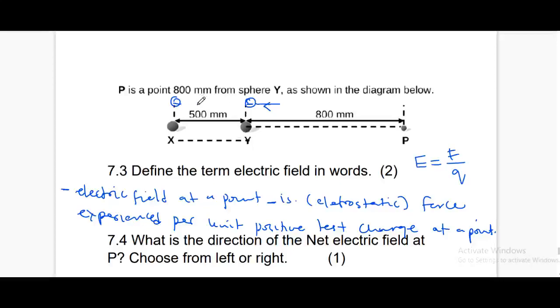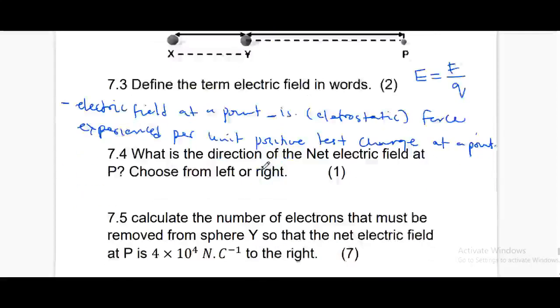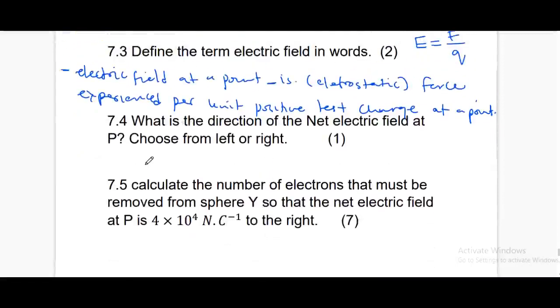From the point of reference of P, when I look at the field lines, they go away from P. So it means that they go to the left, or westwards. So the net electric field is going to go to the left. The answer will be left.